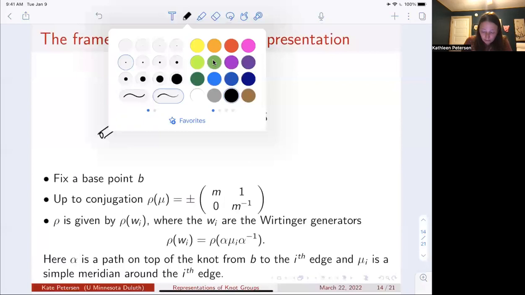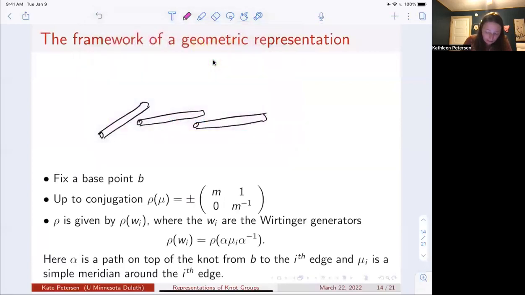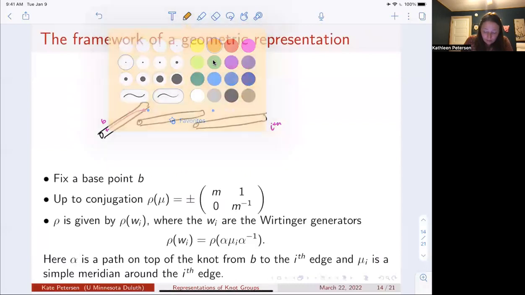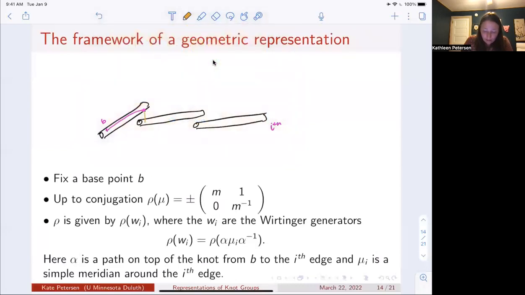So first, I'm going to fix a base point B on top of the knot. And then let's say this is the ith edge of the knot. I want to get over to the ith edge on the top of the knot, do my Wirtinger little generator around the ith edge, and then retreat. So what do I do? I'm going to take one side of the path over to here and go down with a crossing.